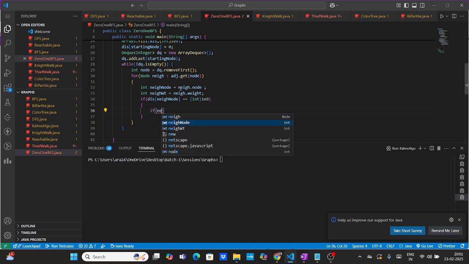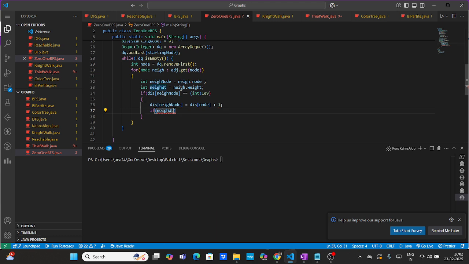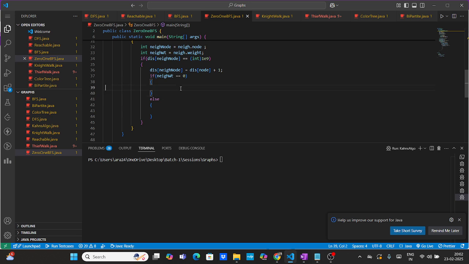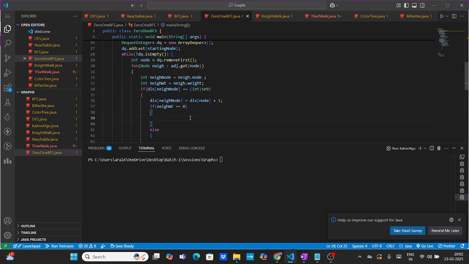First, distance of na node equals distance of the current node plus 1. If the weight is 0 or 1, that's all there is. So what shall we do in that case?